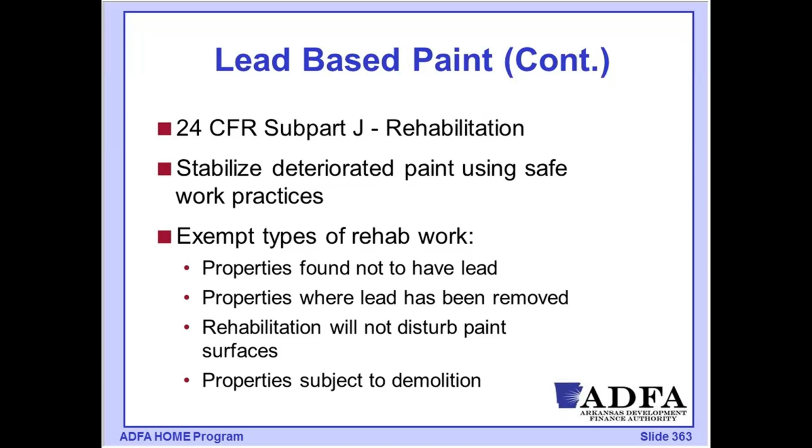Lead paint often was more expensive, and in the years getting closer to 1978 it was being used less and less. We also may have properties that have been abated, so all the lead paint has been removed. If we had documentation of that, then that property also would be exempt from any further action, and we would make sure that we had that documentation in the file.